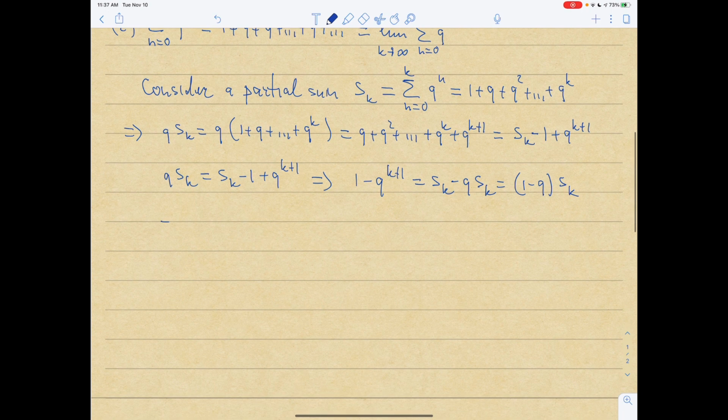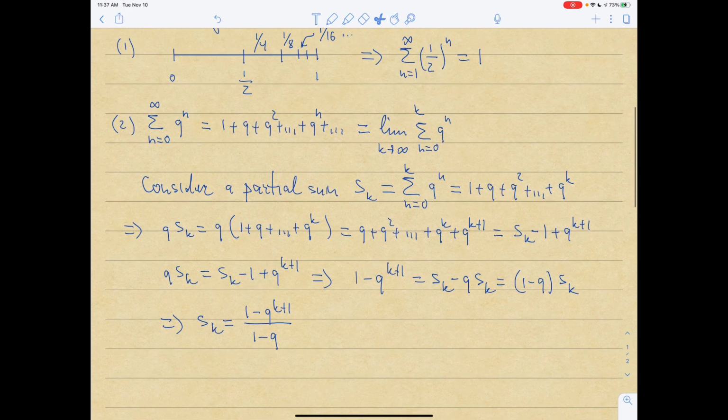So therefore S_k is equal to 1 minus q to the k plus 1, divided by 1 minus q. So you see that this partial sum then collapses to a simple expression in terms of q and k.